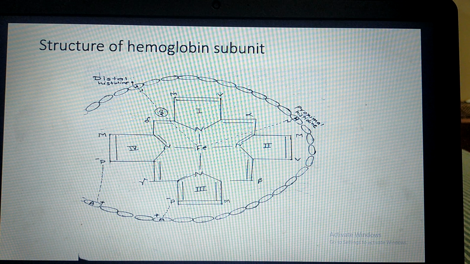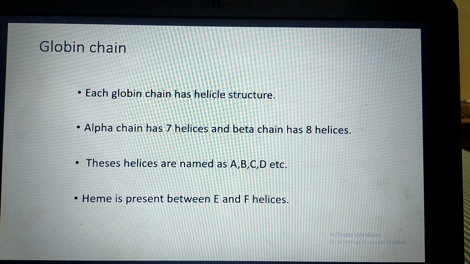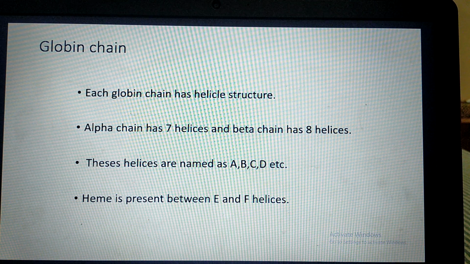In such a way, hemoglobin subunits form. Each globin chain has a helical structure. The alpha chain has 7 helices and the beta chain has 8 helices. These helices are named A, B, C, D, E, F, G, H, etc. Now heme is present in between the E and F helices.